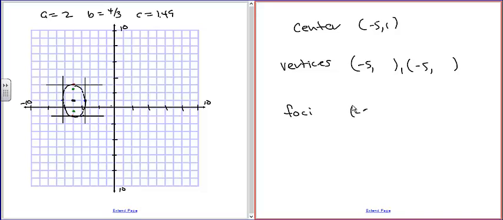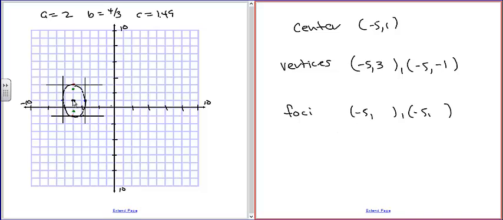So they're going to be -5, -5. And if we go up 2 units, we're 1, 2, 3. So that's going to be 3. And then we're going down 2 units. So that's 1, 0, -1. And that actually were the vertices. I put those in the wrong place. So that's 3, -1. Okay.